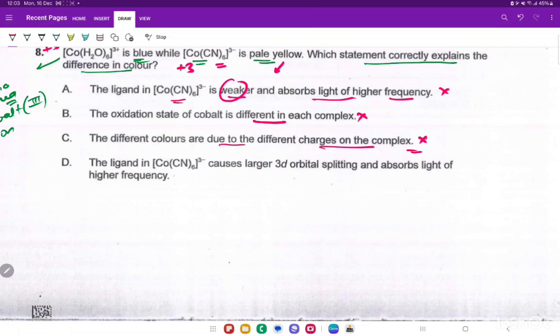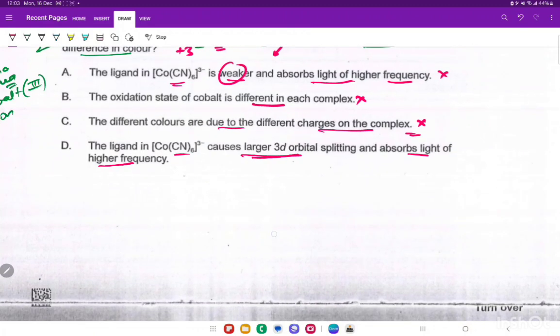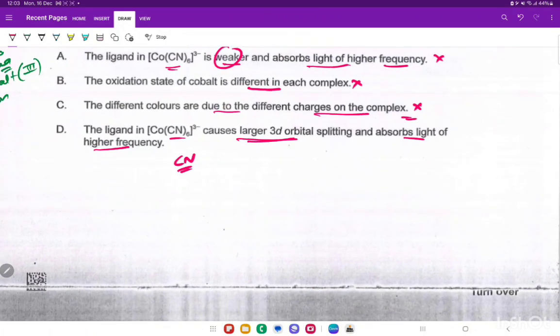Now, next is the option that the ligand CN6 causes a larger d orbital splitting and absorbs light of higher frequency. Now we know one is called a weak field ligand and the other is called a strong field ligand. CN is a strong field ligand. Cyanide is a strong field ligand as compared to water, which is a weak field ligand.